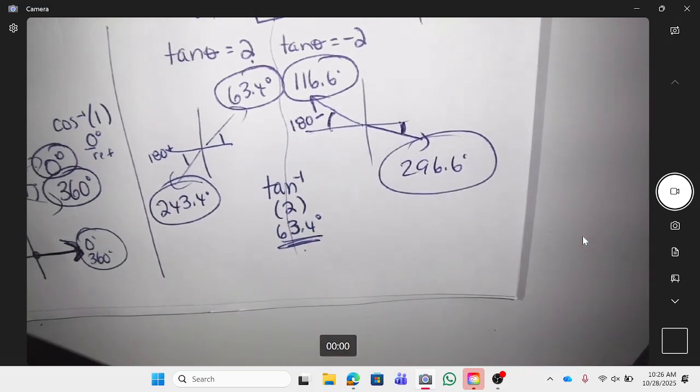And that location was less than 360. So 360 minus 63.4. Okay? I have 4 answers to this question. 4 different angles work for me.